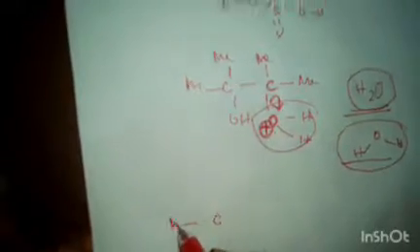The bonded electron is taken by oxygen, thus making the positive neutral, forming H2O, that is water, as you know. So the structure will then be methyl, OH, and a carbocation here, because the bonded electron is taken by the oxygen.